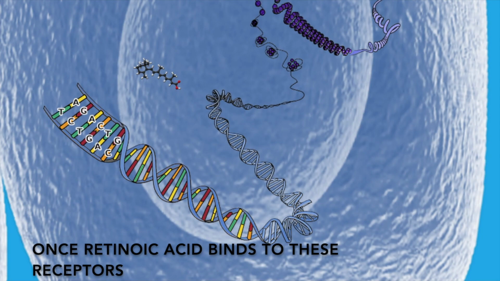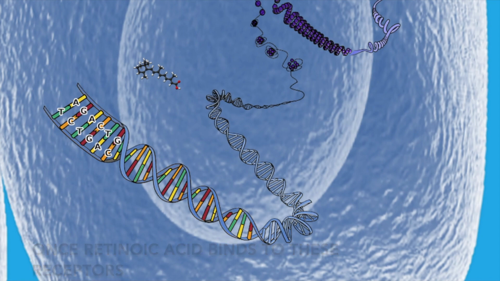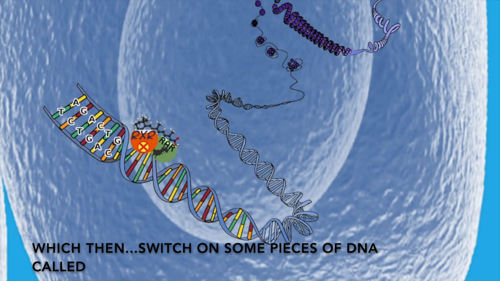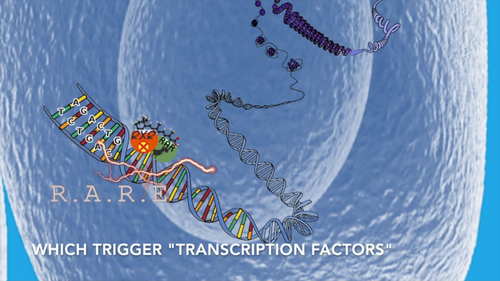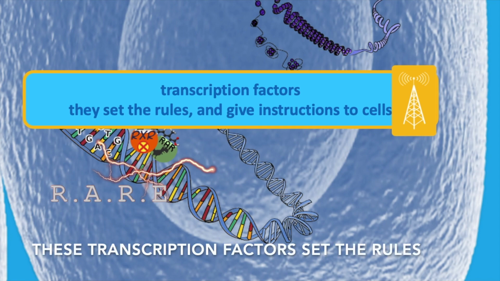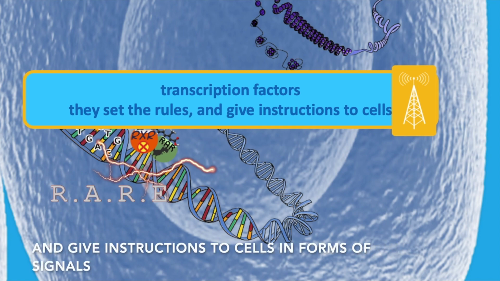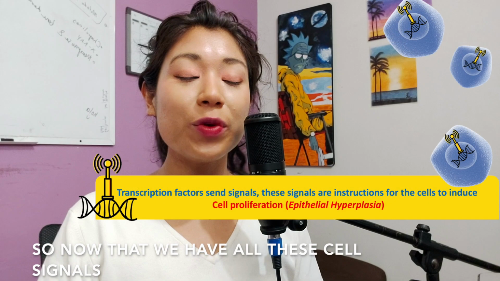Once retinoic acid binds to these receptors, they activate, which then switches on some pieces of DNA called retinoic acid response elements, which trigger transcription factors. These transcription factors set the rules and give instructions to cells in the form of signals. So now that we have all these cell signals, we will induce epidermal hyperplasia.